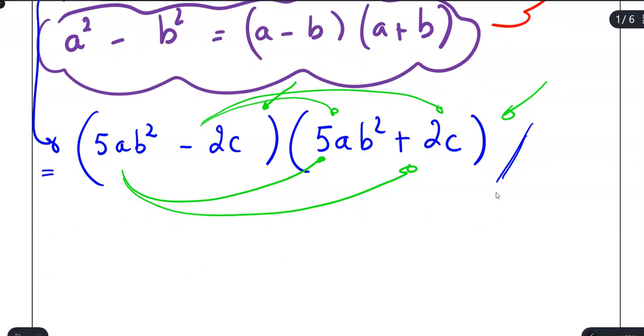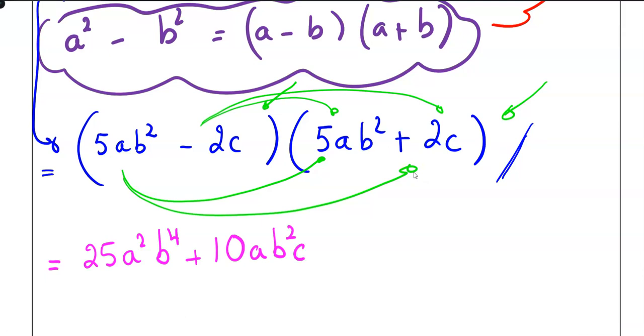If I multiply them back, what do I get here? 5ab squared times 5ab squared gives 25a squared b to the exponent 4. Then 5ab squared times 2c gives plus 10ab squared c. Then I take negative 2c and multiply by 5ab squared, which gives negative 10ab squared c.